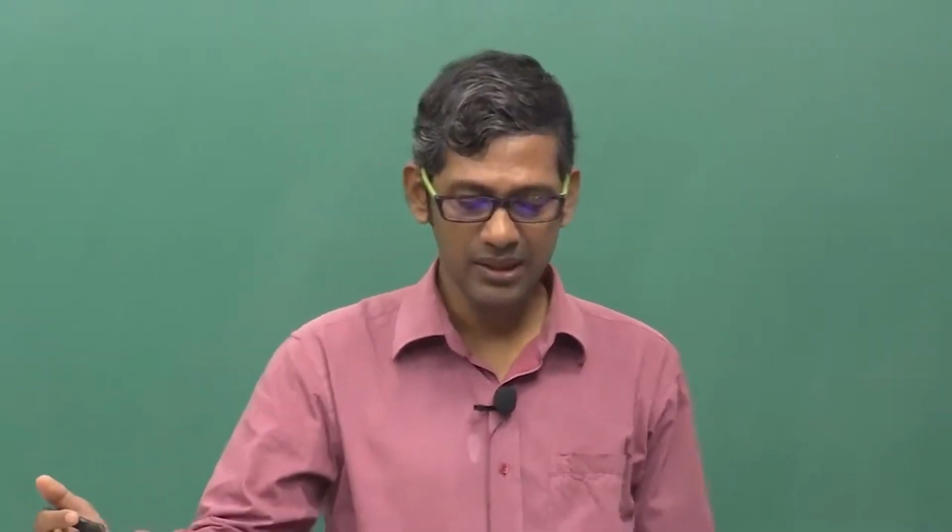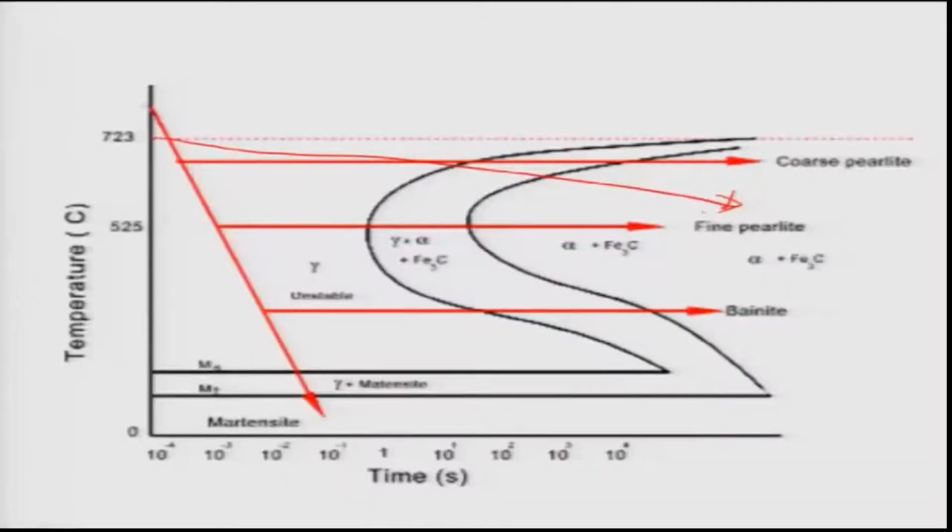That is why alloy steel has more advantage as far as hardening, or these transformations, are concerned. Similarly, if you cool it to an intermediate temperature and keep it a long time, bainite will form, but bainitic formation here requires more time. You see here it requires about 10 to the power 7 seconds, which is quite large.